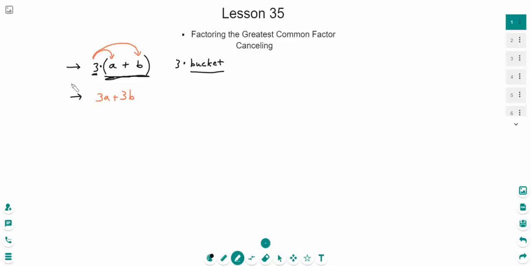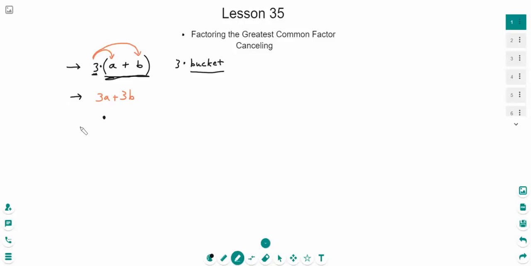We're trying to work backwards. So how would we do that? The answer is recognizing that the distributive property always relies on multiplication. So if we're trying to get from this to this, we know right away that there has to be multiplication going on.